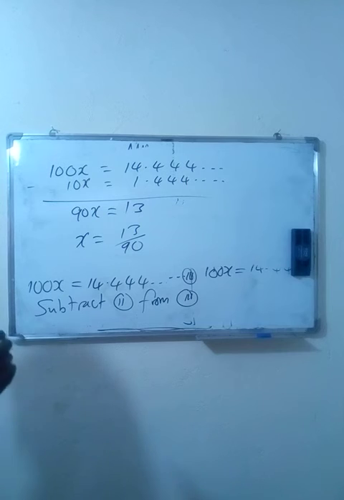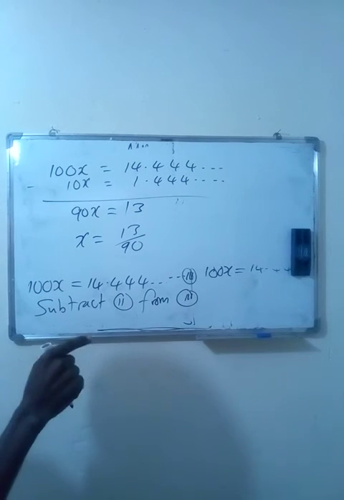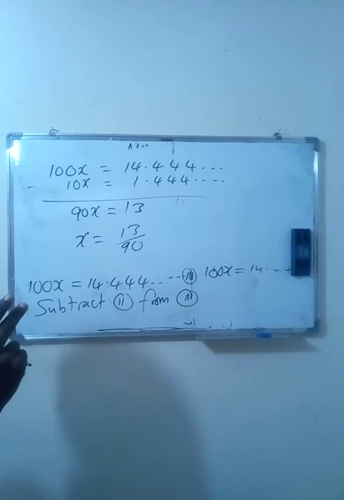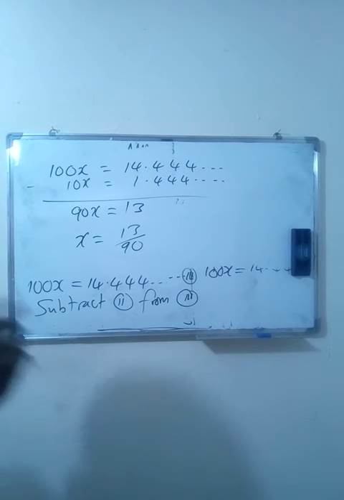A prime number is a number which only has two factors, that is 1 and that same number. In this case, 1 and 13 are the only factors of 13. And we know that in the case of 90, it's only 1 which is a common factor.